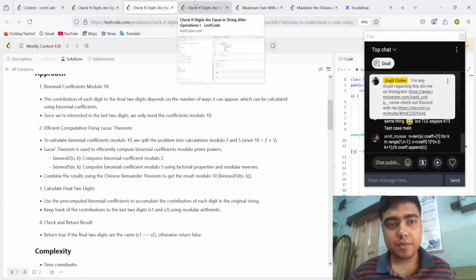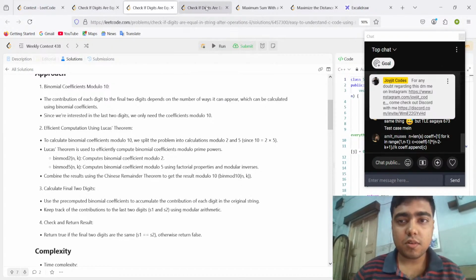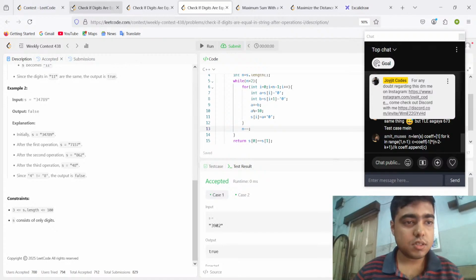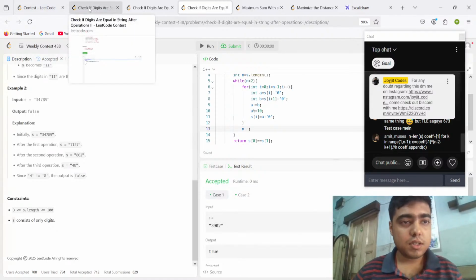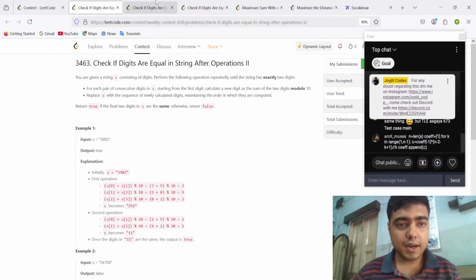Now see one thing. Okay, so he checks if the digits are equal, right? This is the accepted one. So I was getting a TLE for this.